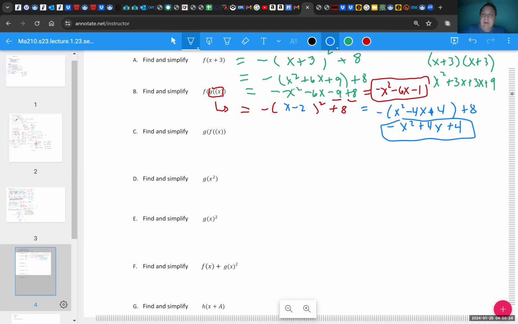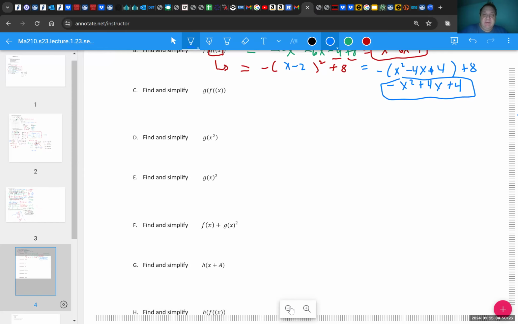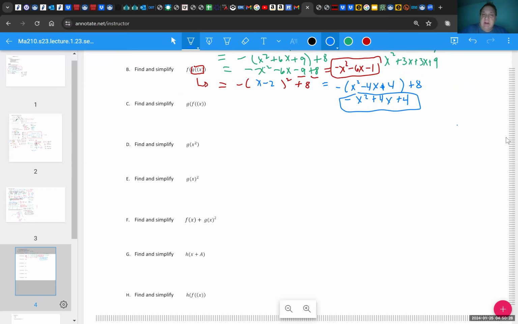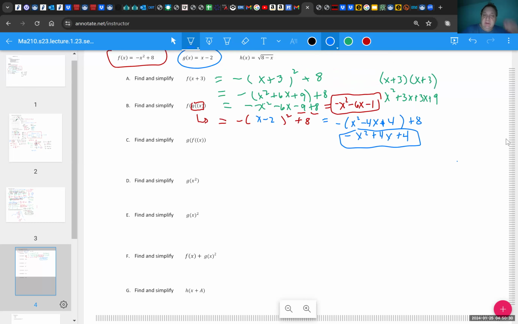All right, well, I'm going to have to make things a little bit smaller because I need to see my equations. So g of f of x: the g function is x minus 2. So this is equal to x minus 2. And what is x in this case? It's f of x. So I'm going to have an f of x there, but as you may know, I'm not going to use the symbology f of x.